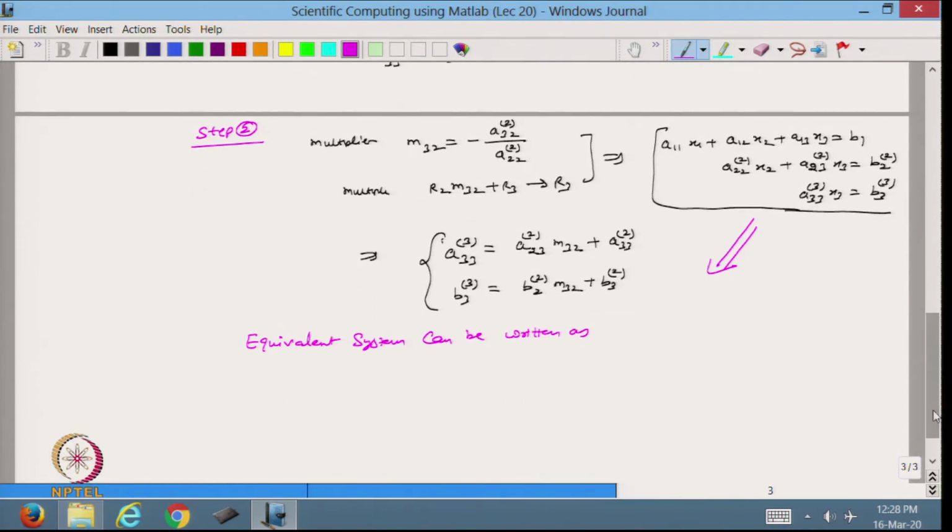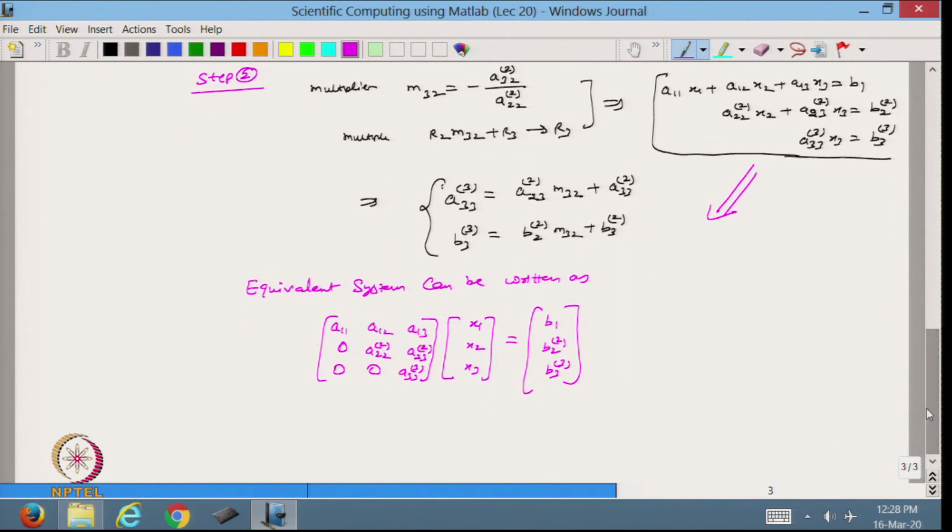This equivalent system can be written as A11, A12, A13, A22, A23, A33, and all other elements are 0, and that is equal to x1, x2, x3, and this is B1, B2 and B3.